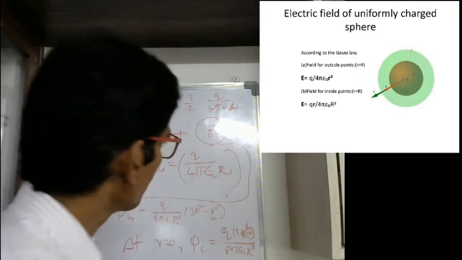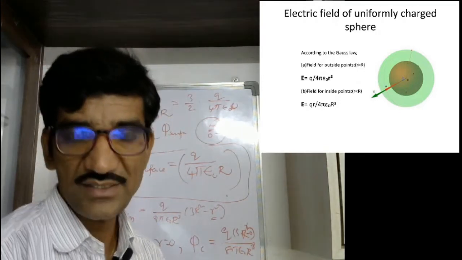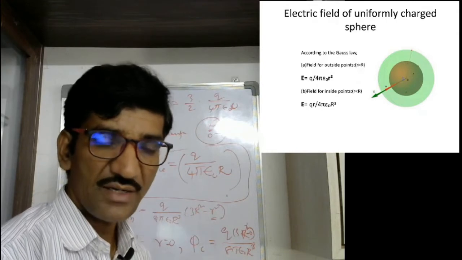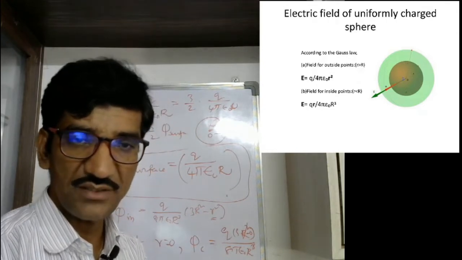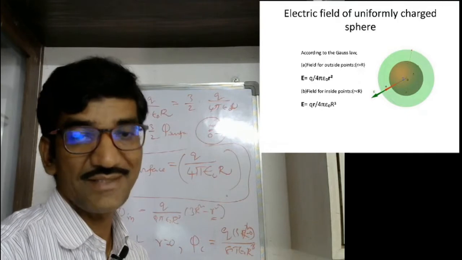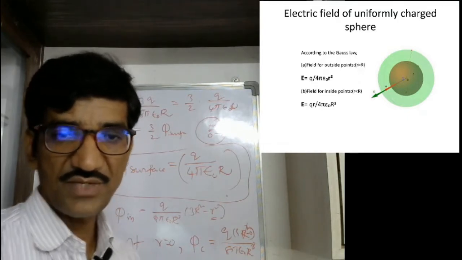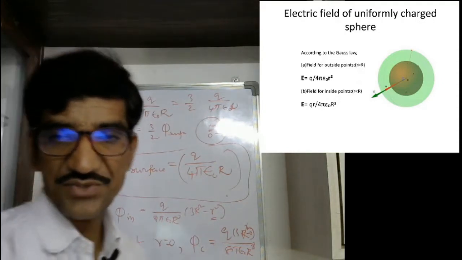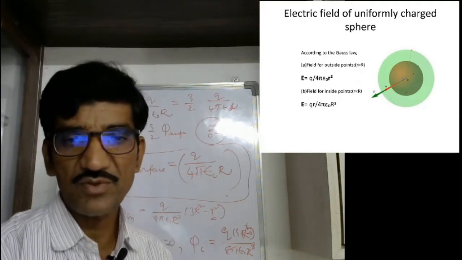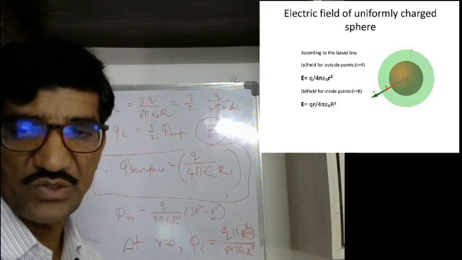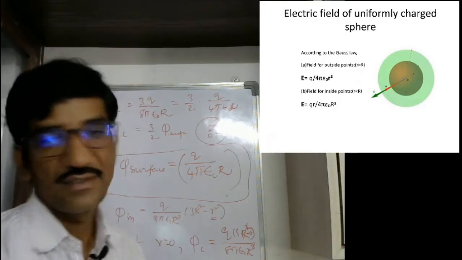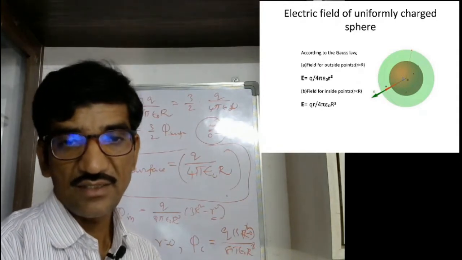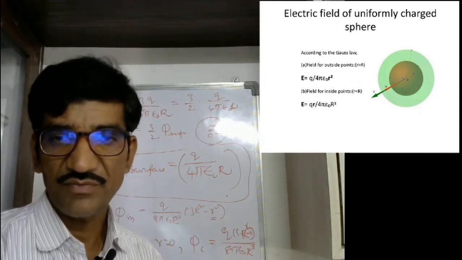It's not the field. As you increase r inside the uniformly charged sphere, what happens to the electric field? It increases. This electric field increases. Why? Because you have E proportional to small r there. What happens to the field outside the uniformly charged sphere?